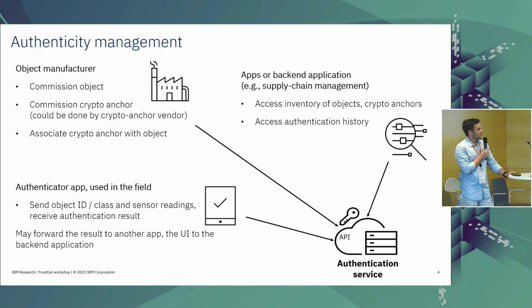And then, of course, the sensing technologies can forward the information to other apps or can communicate back to the object manufacturer in case counterfeiting or any other issues in the authentication are detected.